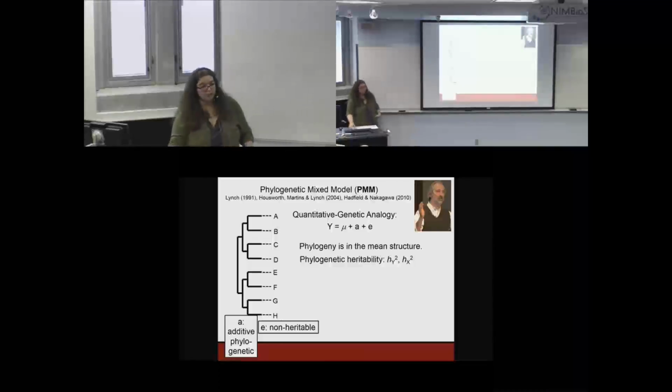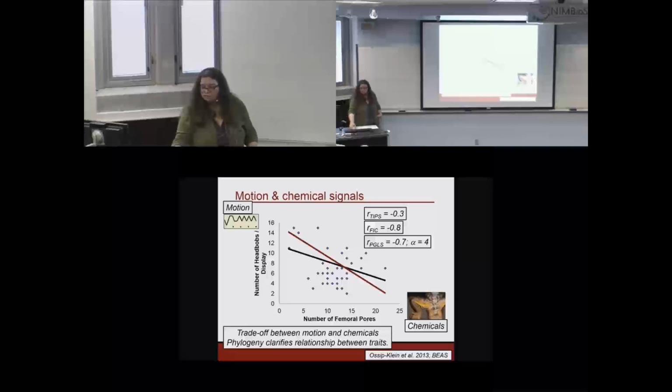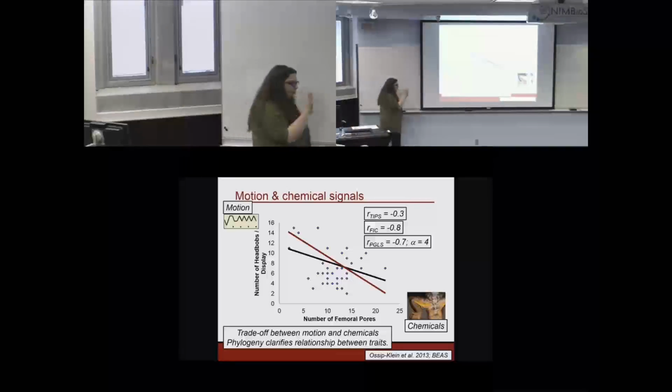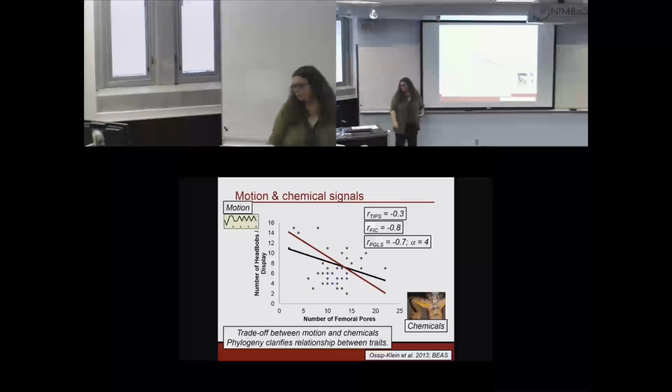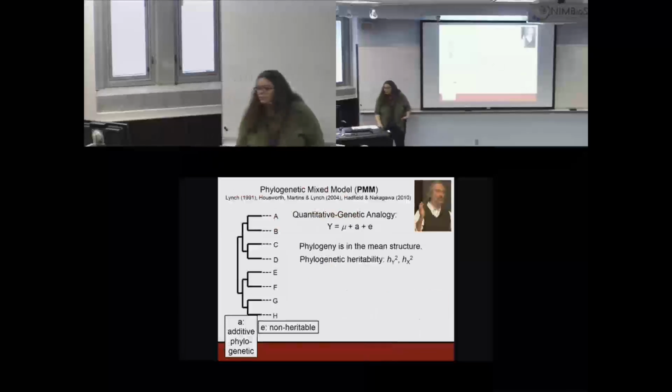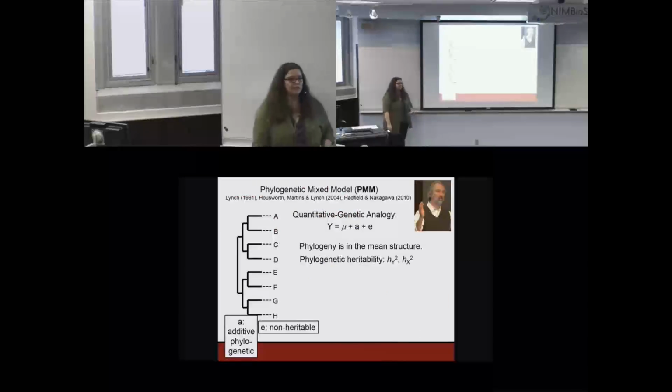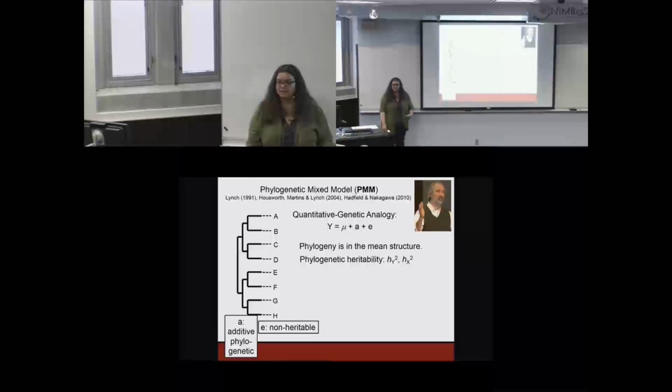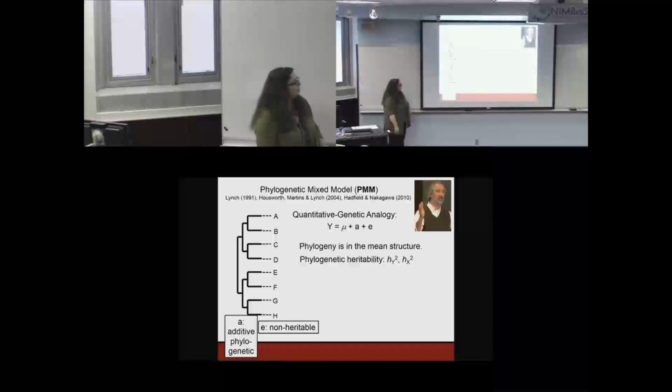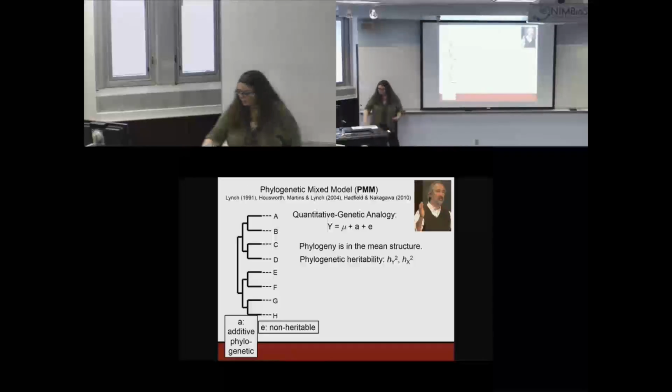They're just phylogenetic heritabilities instead of genetic ones. So that's the phylogenetic mixed model. I should mention, there are some big issues in actually implementing this, and so there's been quite a bit of discussion about how to calculate the statistics, both in quantitative genetics and in phylogenetic approaches. So there's a lot of that if you're interested.